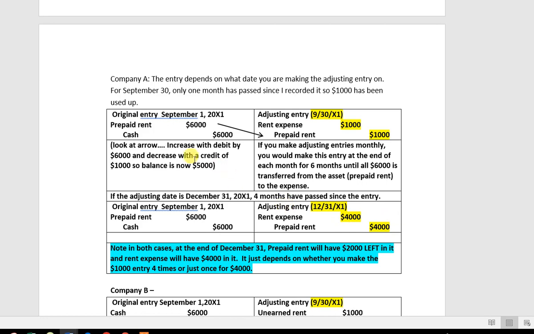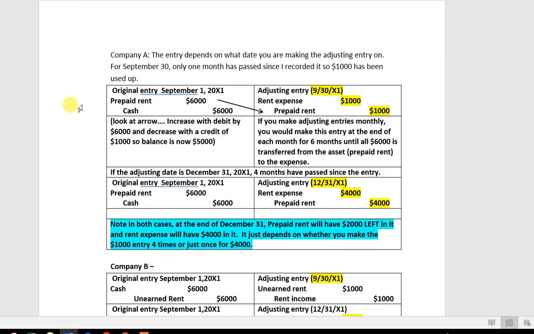So notice what happens if I made a T account of prepaid rent and rent expense. This is my rent expense. This is my prepaid rent. My original entry is I put in 6,000.